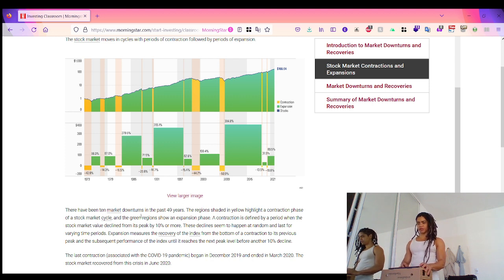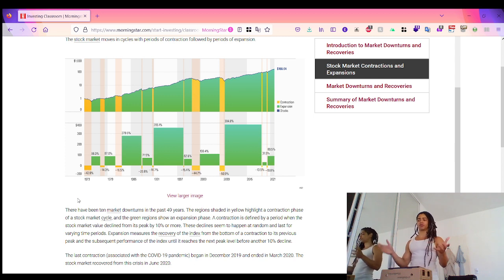Well, I think they round that number up, so you have 49 years. In this period there have been 10 market downturns.